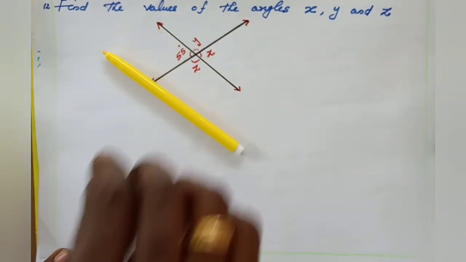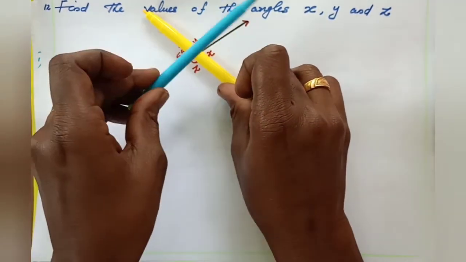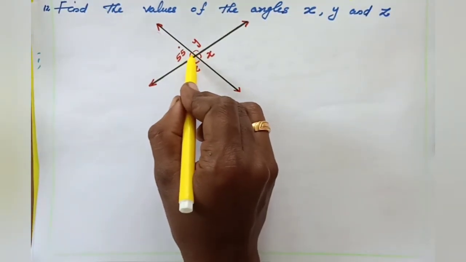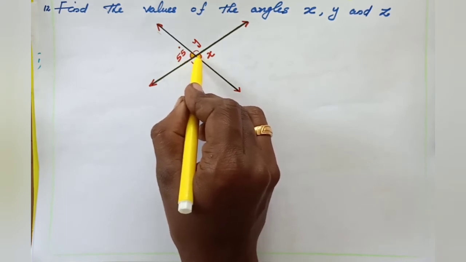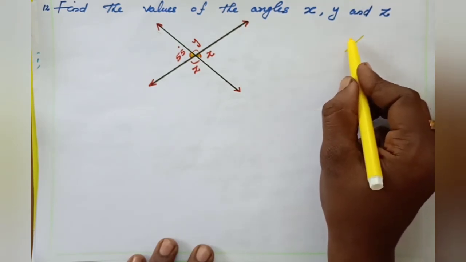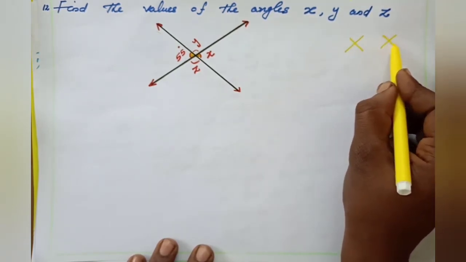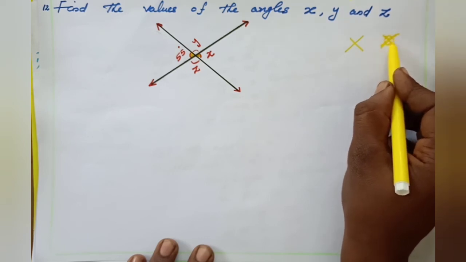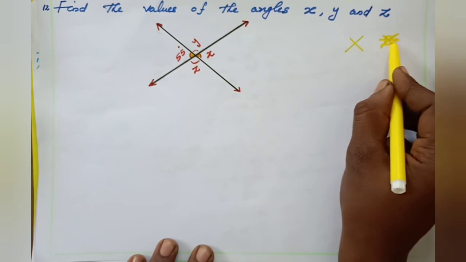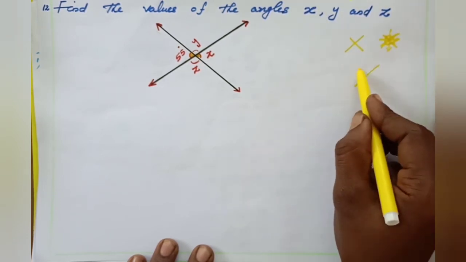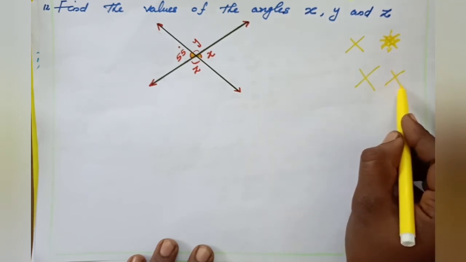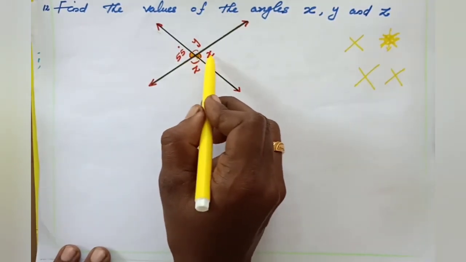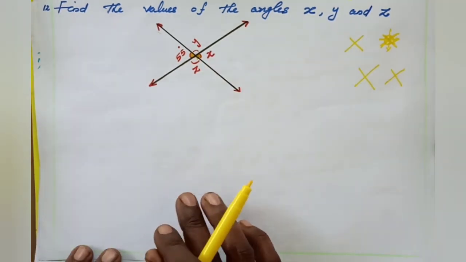Two lines intersecting each other form vertically opposite angles, which are equal. This is 55 degree, and the vertical angle is like an X shape, a capital letter X shape. The top angle and bottom angle are equal, and left and right angles are equal. So here this 55 degree and x degree are vertically opposite angles.